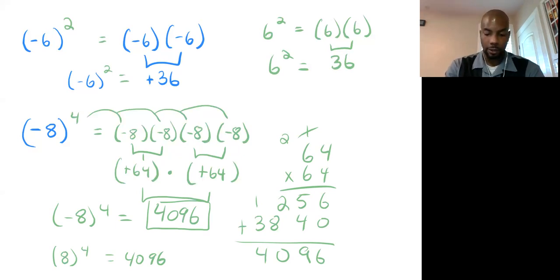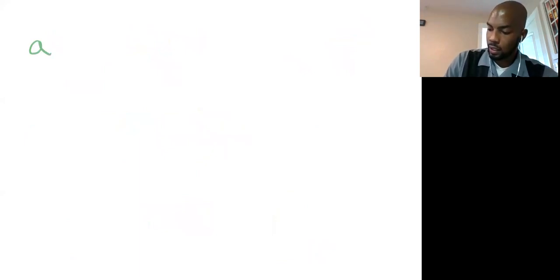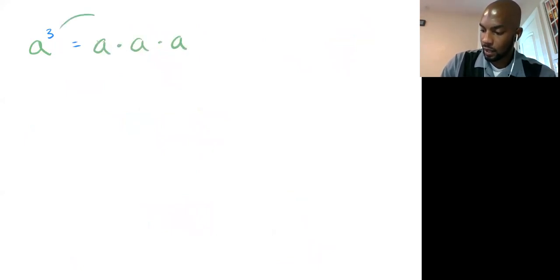All right, so what did we learn here today? We learned that any number, we'll call it A, to any power, let's say 3, is just that number multiplied by itself as many times as the exponent tells you.